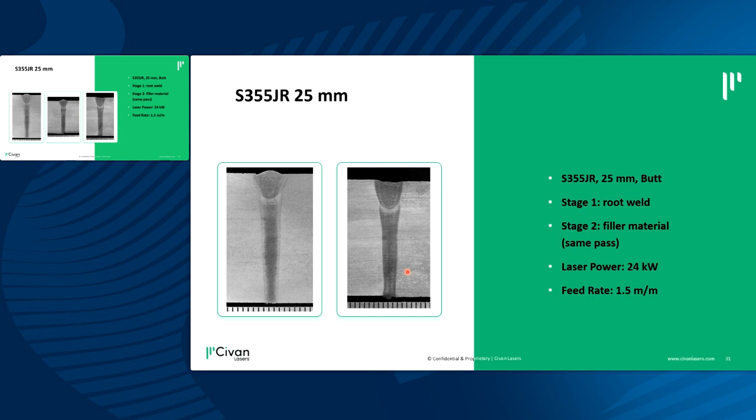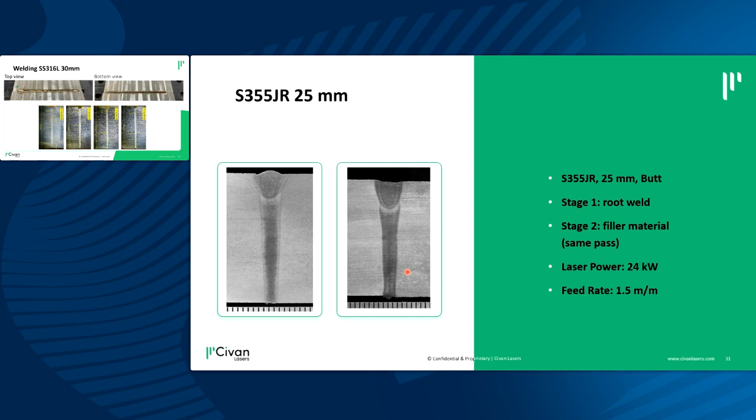Here is an example of welding of stainless steel. This is 30 millimeters thick in a single pass. To compare, if this were a process we wanted to do using TIG, for example, it would require anywhere between 10 to 15 passes, with the need to flip the part to manage the distortion.